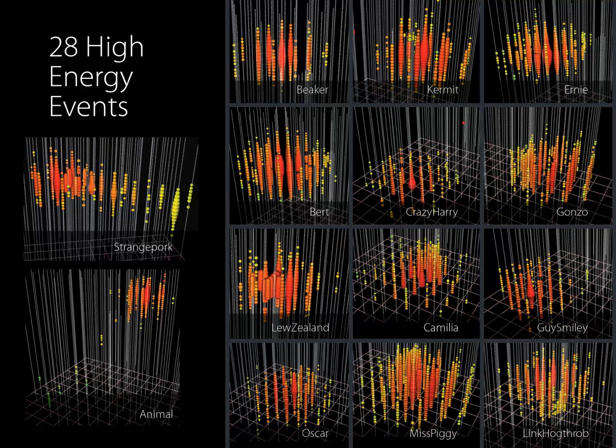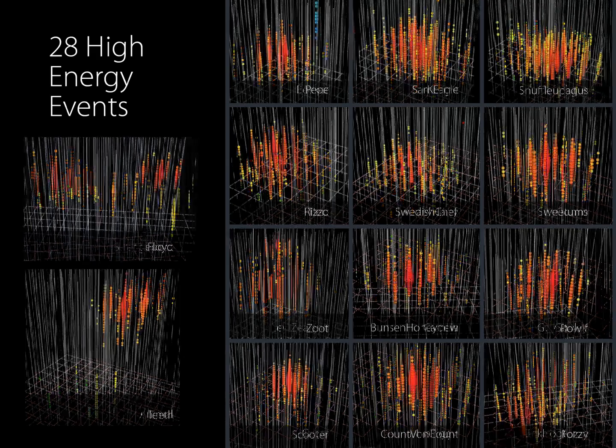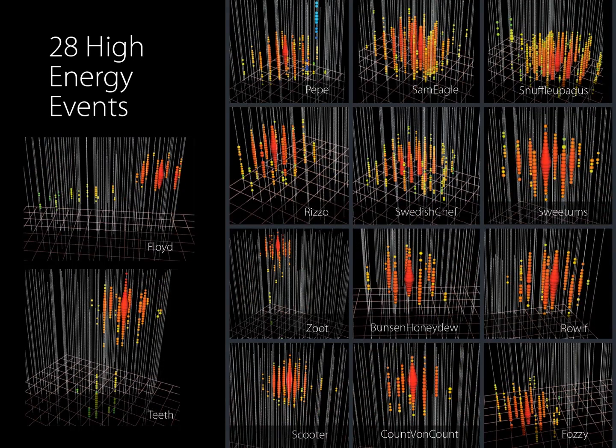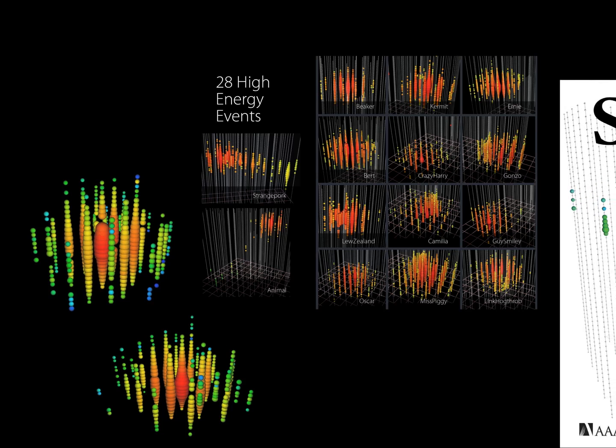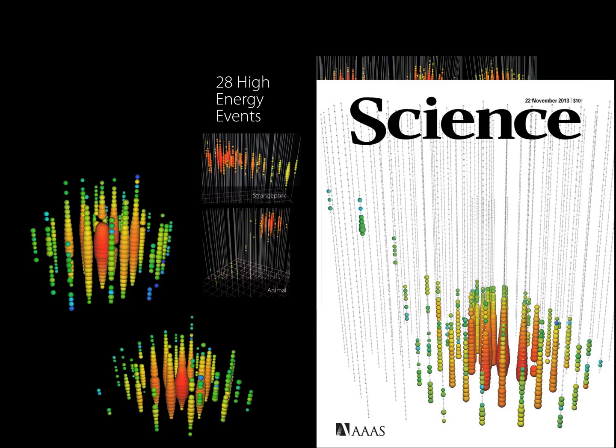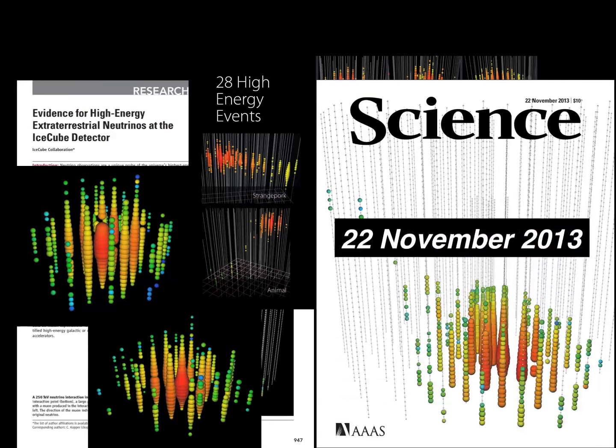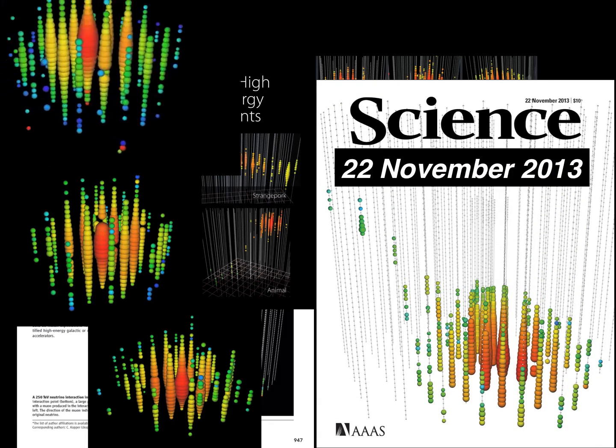And you can see all of their names. Miss Piggy's down here. And here's the other 14, okay? Okay, so this is Bert and Ernie. These are the 28 events. And so we published a science article. This was a big thing, November.